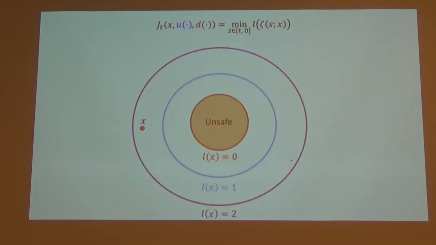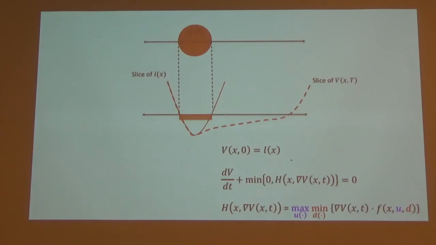Maybe I should go here. In the differential game we talked about min and max, and here I'm doing max and min. That's because here my control wants to keep me out of the unsafe region, where my value is negative. That's why the control wants to maximize the value of L, and the disturbance wants to minimize the value of L. But the idea is exactly the same.